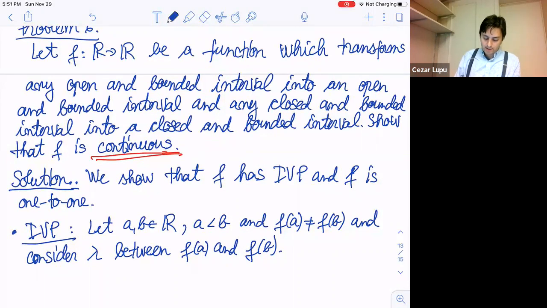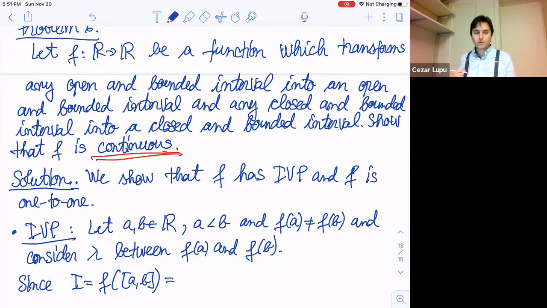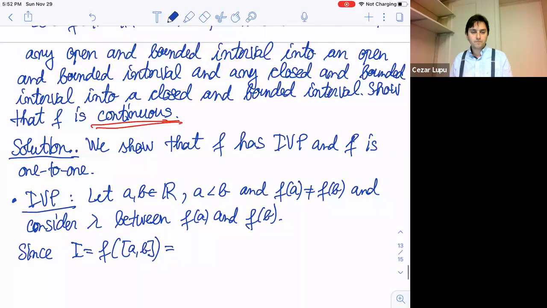And now let's exploit our conditions. We know that f of the closed interval [a, b], we said that this is an interval.